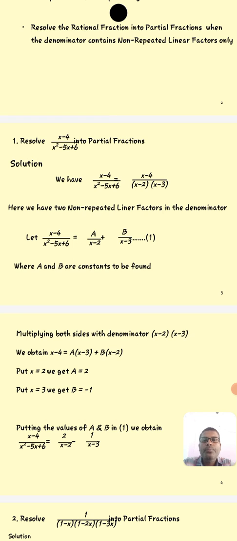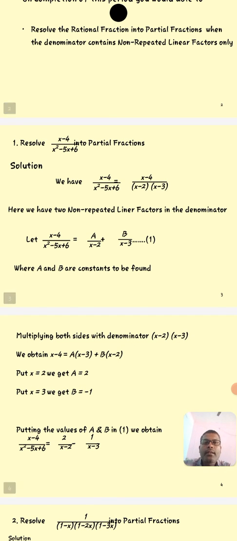We have (x minus 4) divided by (x square minus 5x plus 6) is equal to (x minus 4) divided by (x minus 2) into (x minus 3). Here the x square minus 5x plus 6 we have to write in the form of factors. We know factorization from the lower level.